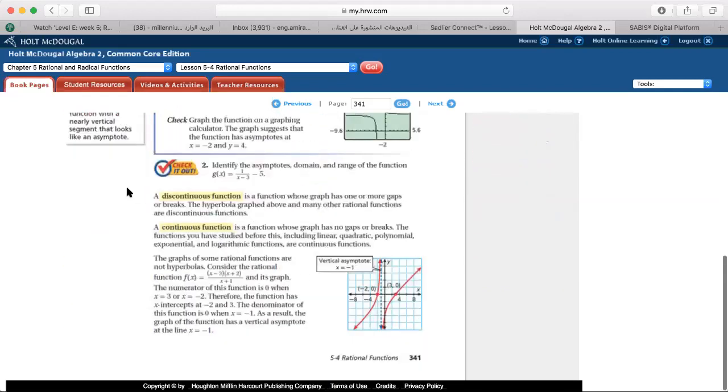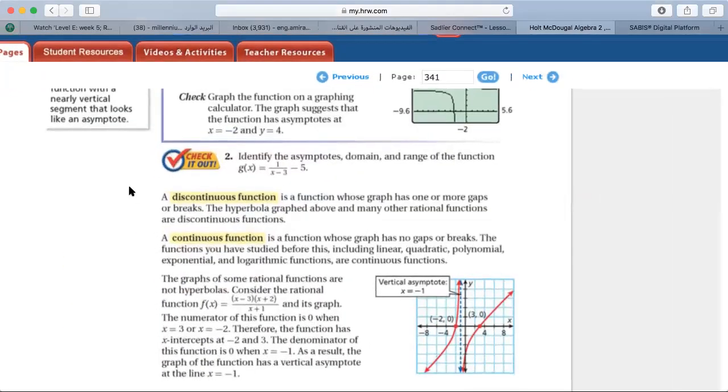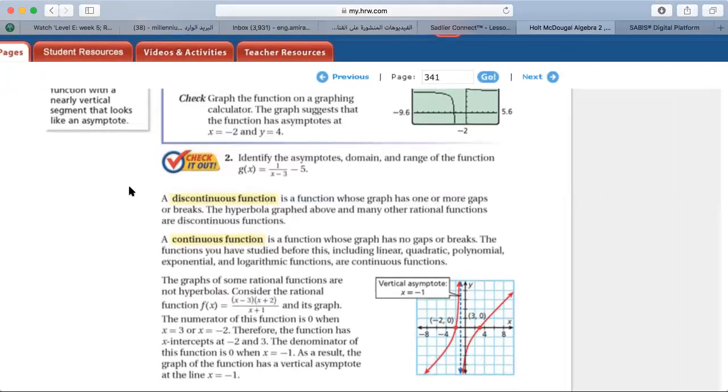Okay, the new part that we're going to study today is called a discontinuous function and a continuous function. A discontinuous function is a function whose graph has one or more gaps or breaks.